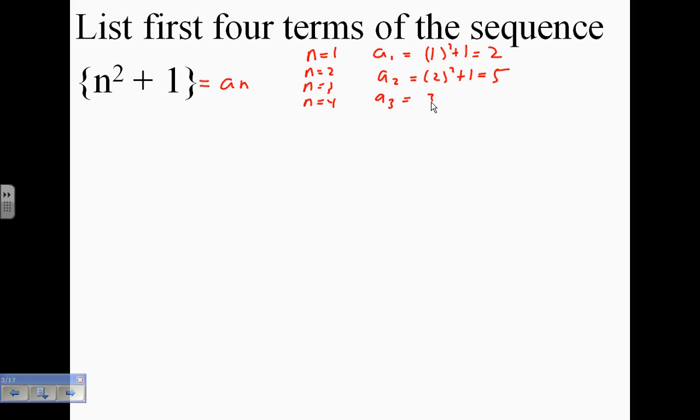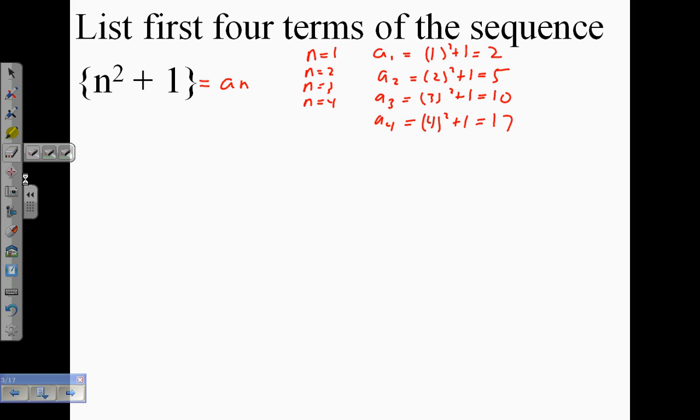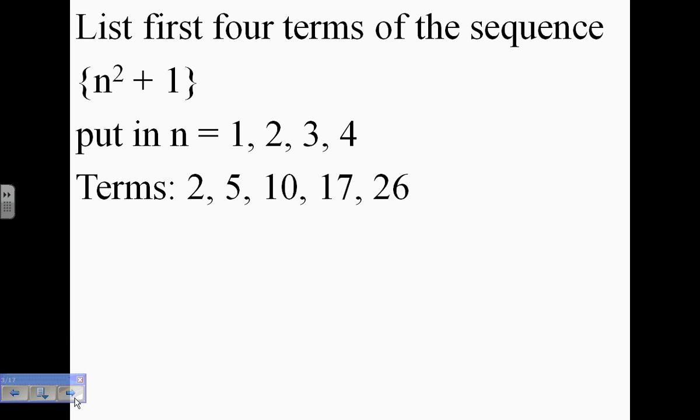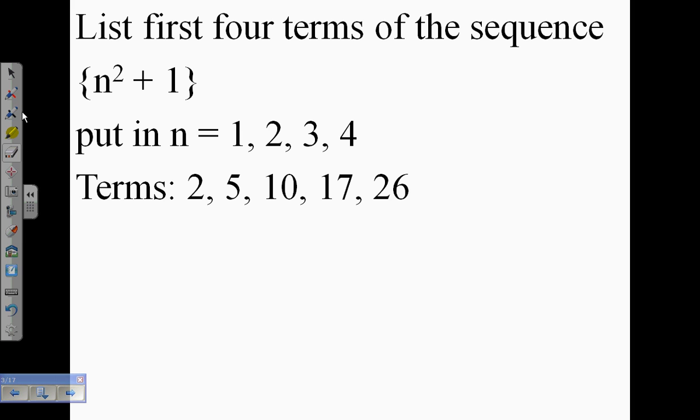A sub 3 is 3 squared plus 1, which is 10. A sub 4 is 4 squared plus 1, which is 17. So the sequence is 2, 5, 10, and 17. That's the long and the short of it. You just put in 1, 2, 3, 4. That 26 shouldn't be there; that's the fifth term.